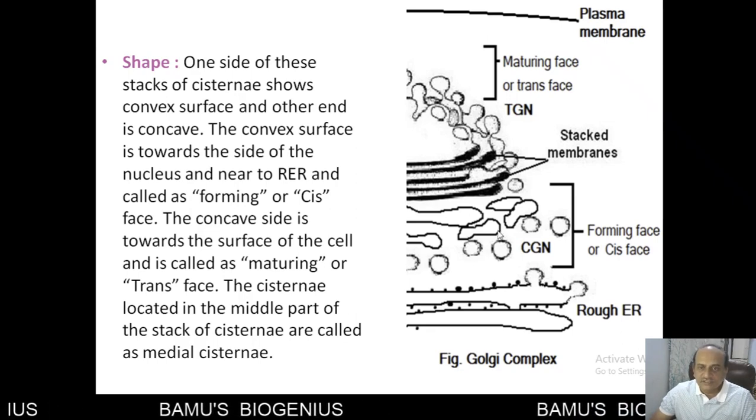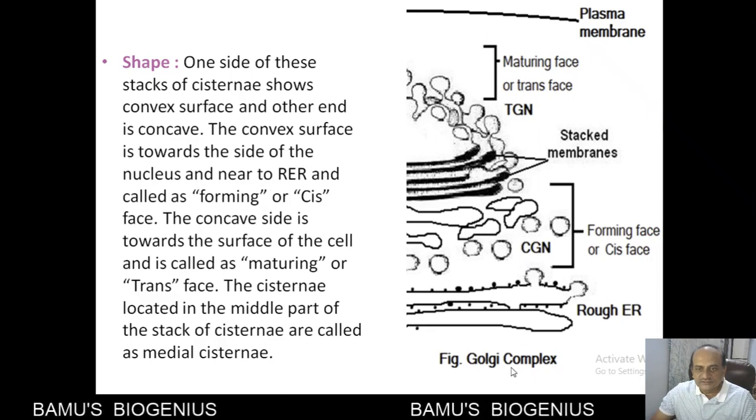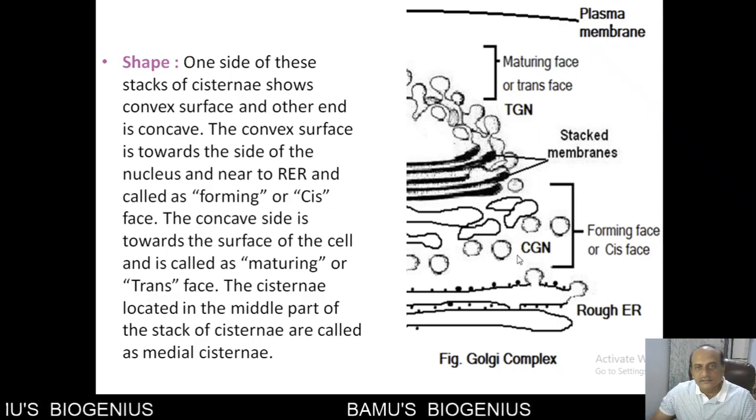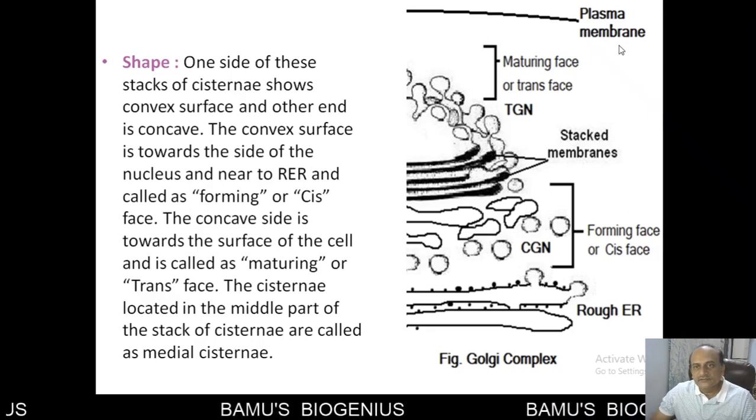Now, this concave and convex ends, they are oriented in a typical manner. The convex side of the Golgi complex is towards the endoplasmic reticulum or nucleus, while the concave region is present towards the plasma membrane.